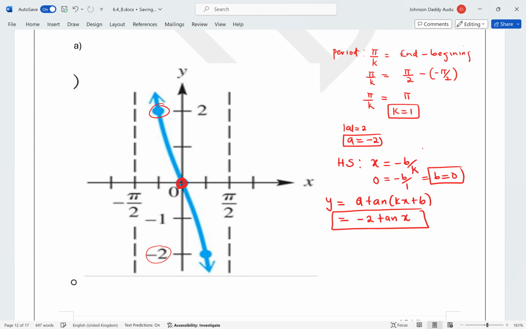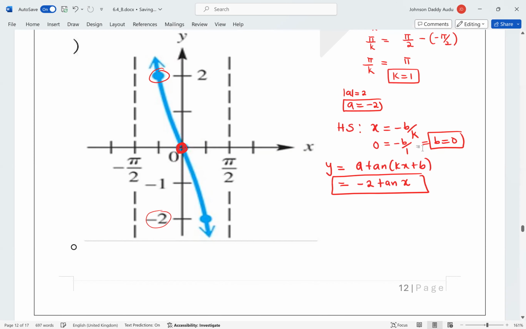And you can decide to write it in terms of cotan as well. If you want to write it in terms of cotan, you can just convert. This is the same thing as minus 2 cotan of pi over 2 minus x, right? Because there is a co-functional identity between cotan and tan.